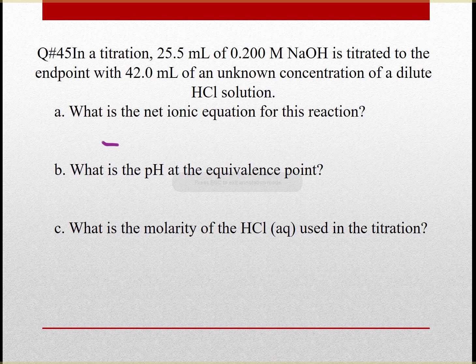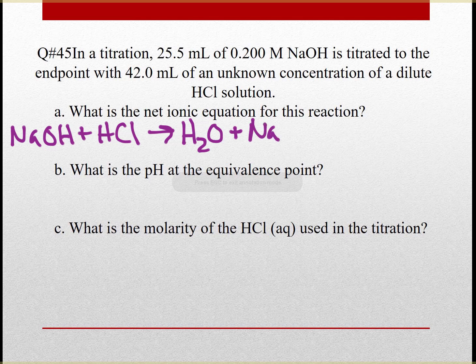This comes from the base plus the acid, or acid plus the base, it doesn't matter. I'm always going to get water, and then a leftover, which is NaCl. You can see that Na is left over and the Cl is left over, and then there's my water.